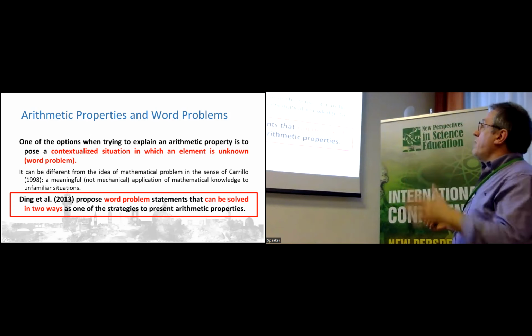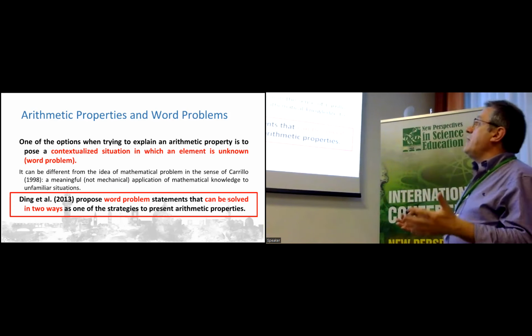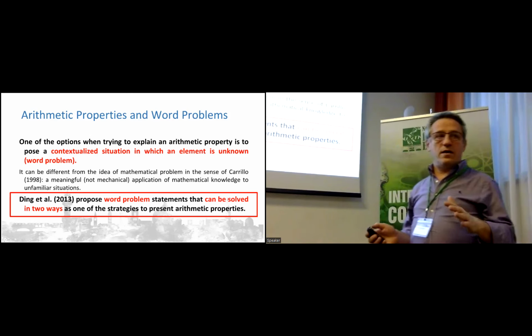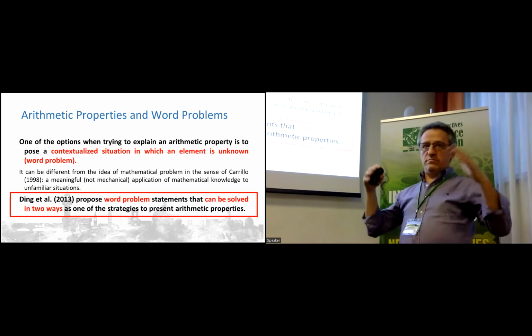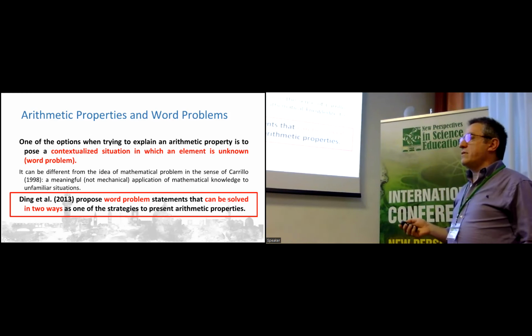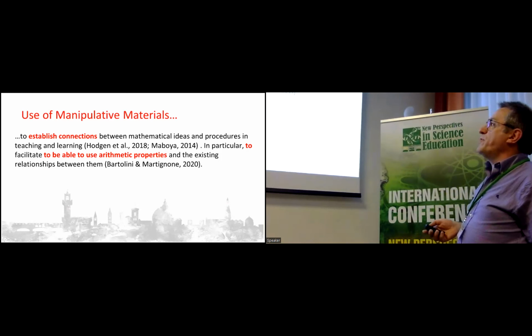So a word problem is just a contextualized situation where an element is unknown. It's not exactly a problem in the sense that you need a really difficult strategy to solve. Just a contextualized situation to help in our goal of understanding what the arithmetic properties are.